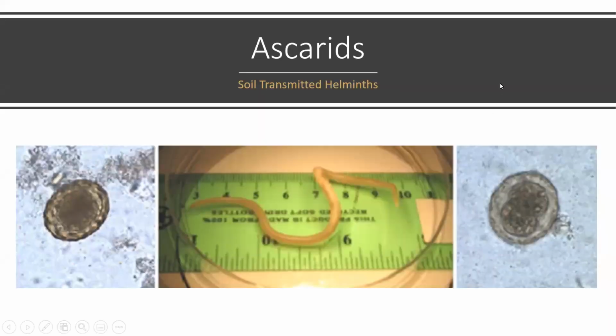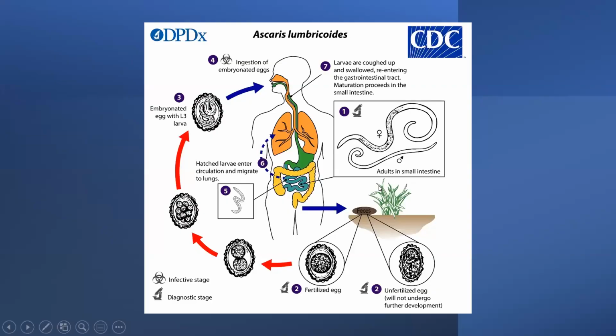Then we have ascariids. This is another type of soil-transmitted helminth. These can be rather big. This is inside of a Petri plate, about the same size as the plates that we had in our lab. Same basic idea: you will get some sort of soil on your hand. You end up swallowing the embryonated eggs.